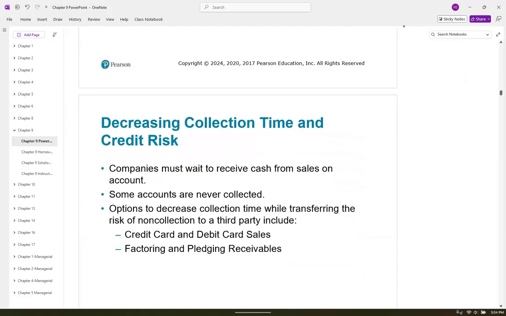Decreasing the collection time. We talked about this a little bit in the previous chapter because we talked about credit card and debit card sales. That actually gets the cash to the business a lot faster. Like I mentioned, Walmart accepts Visa, MasterCard because they want to get their money faster. There's also a thing called factoring or pledging receivables. This is not a great thing when a business has to do this because if I'm looking at the financials and I say they're factoring and pledging their receivables, what does that tell me?